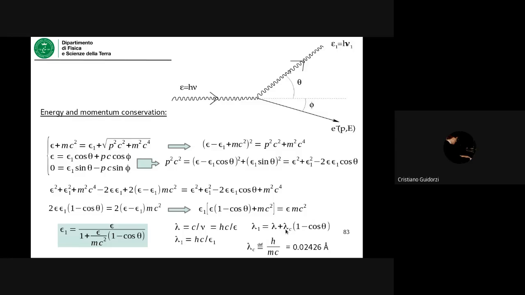Otherwise, whenever lambda is much larger than this quantity, lambda 1 is essentially lambda, which is equivalent to Thomson scattering. So in order to see a significant change in lambda, you have to consider photons whose wavelength is comparable to, not too large with respect to, the corresponding Compton wavelength. Okay.